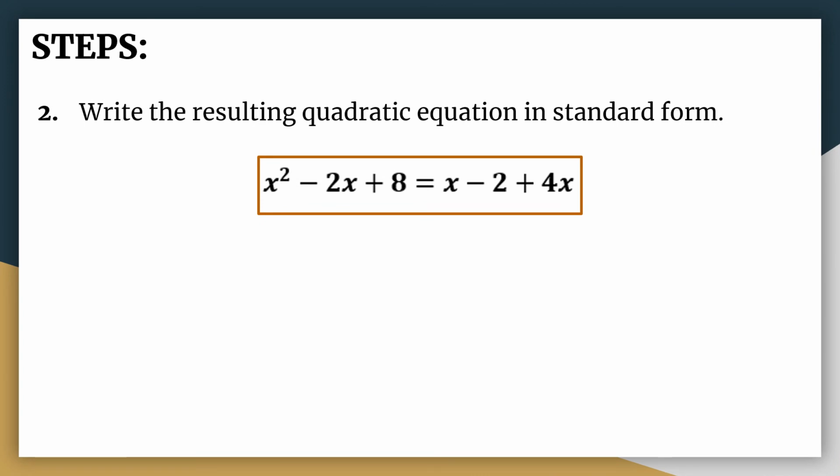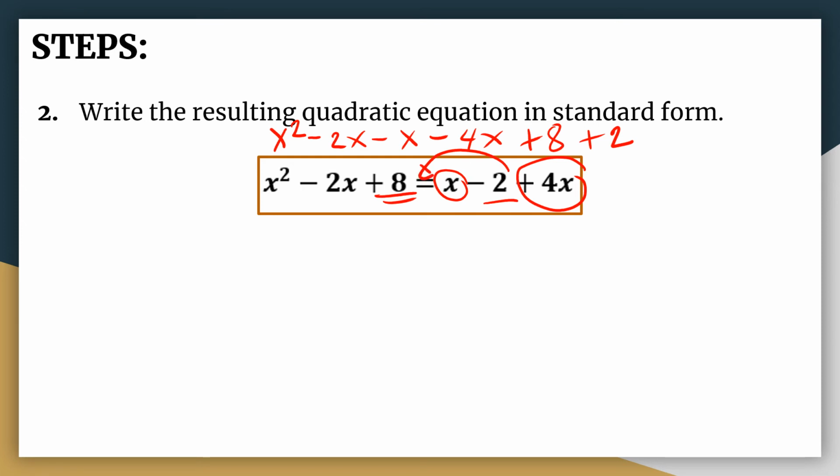So we write first all on the left side. We're going to write it here on top, x squared minus 2x. I'm going to get this minus x and also this minus 4x. Then I'm going to write the constant plus 8 and then plus 2. Why plus 2?